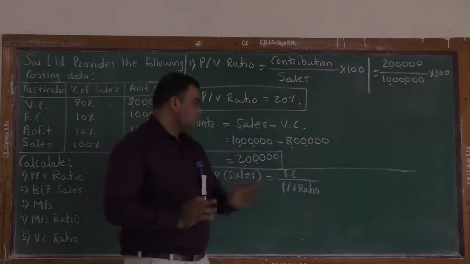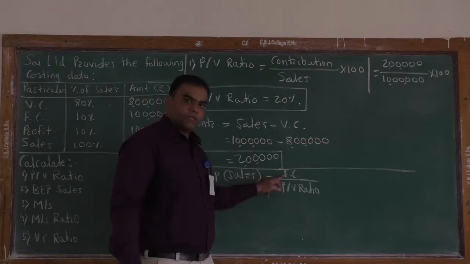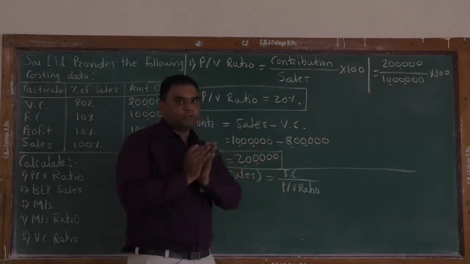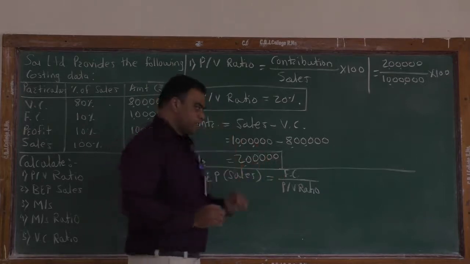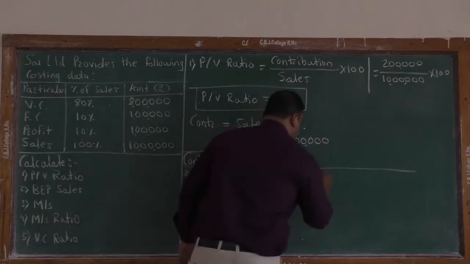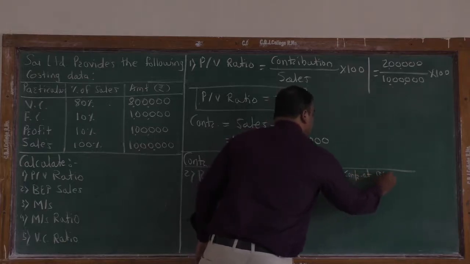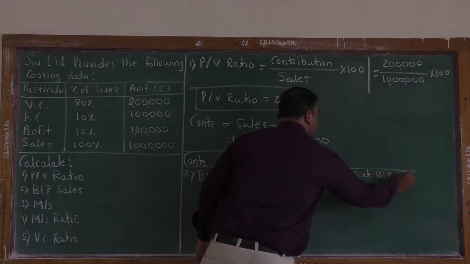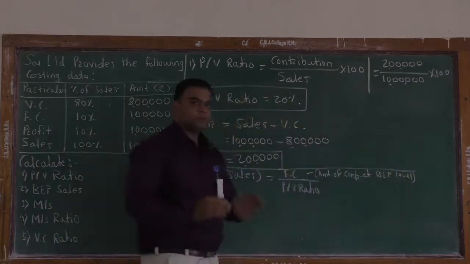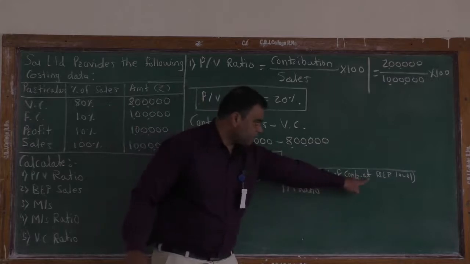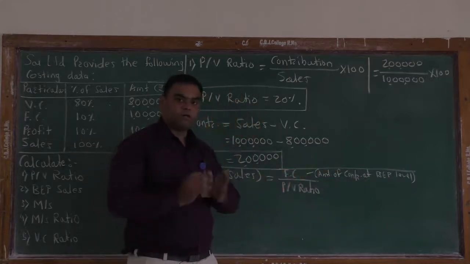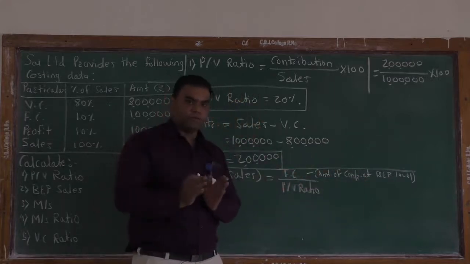So why do we take the amount of fixed cost here? As we have discussed, the amount of fixed cost and the amount of contribution at BEP level are always equal.